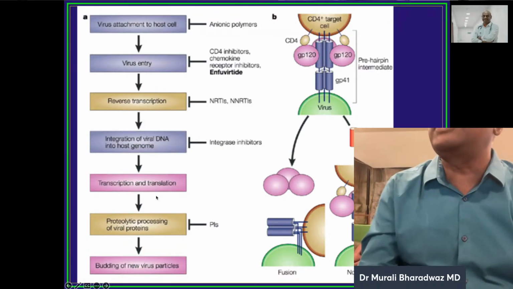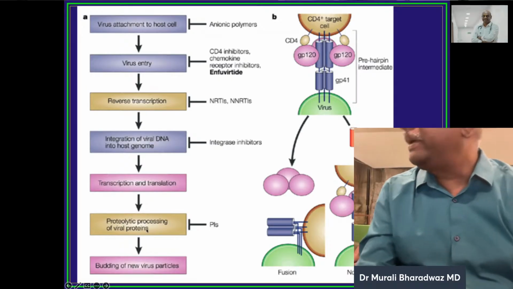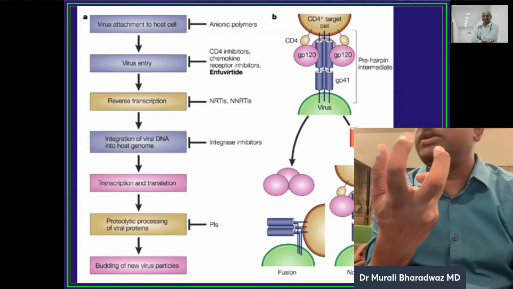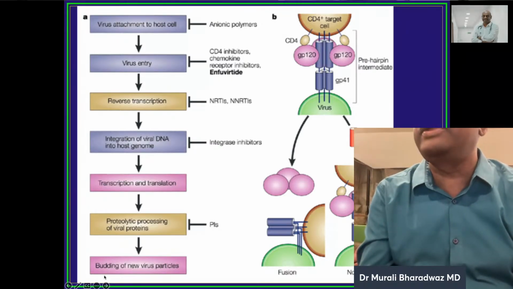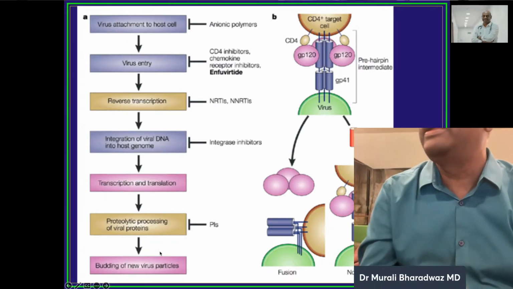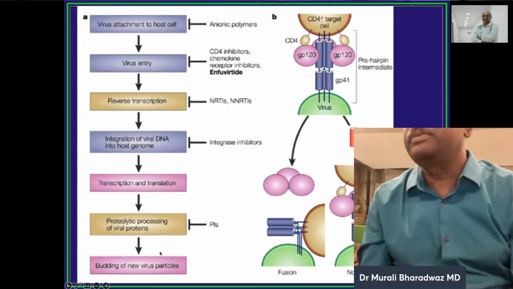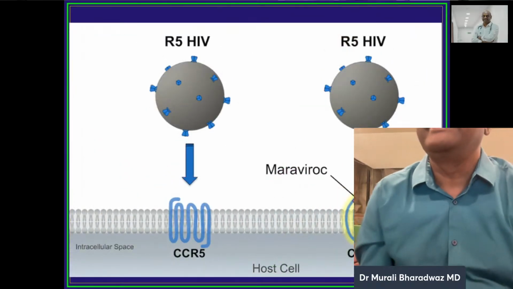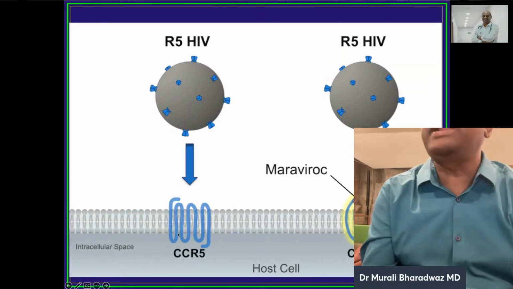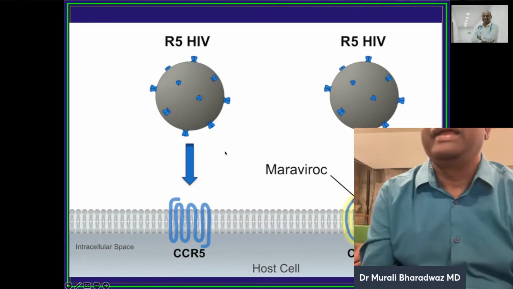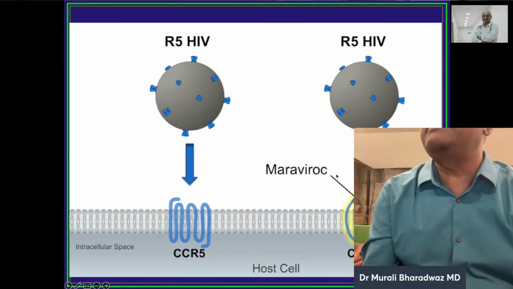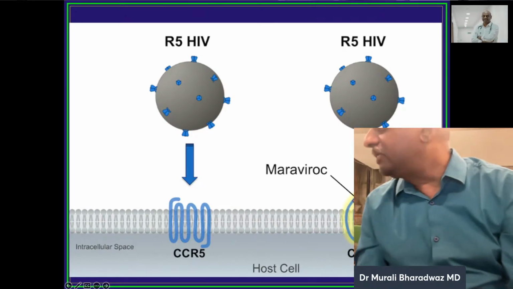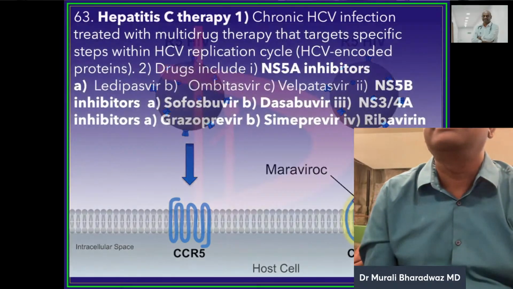Then it undergoes transcription, translation, and then ultimately proteolytic activity, where protease will make it organize, leading to the budding of new virus particles. This is inhibited by protease inhibitors. So the co-receptor CCR5 typically is inhibited by Maraviroc, which prevents the docking of the HIV virus.